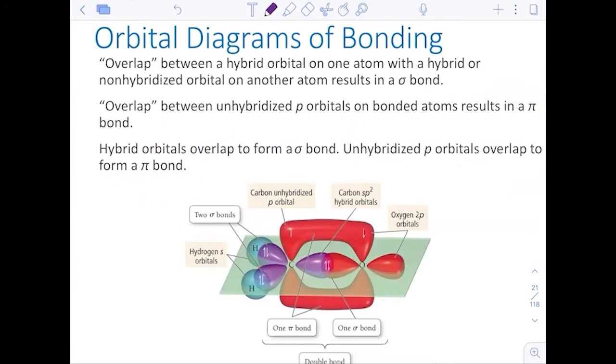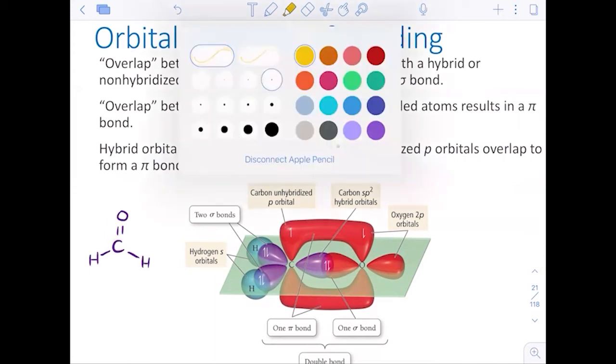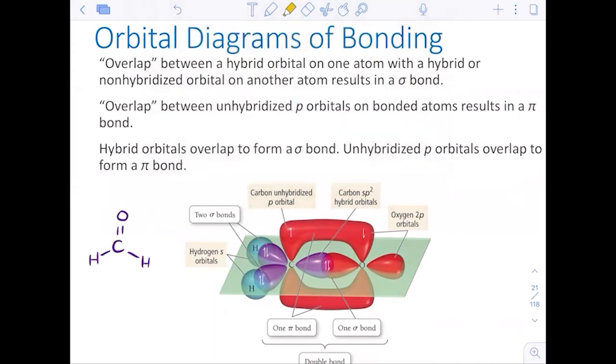Now here's this molecule that we just did the Lewis structure and 3D shape for. CH2O. One of those bonds is going to be a sigma. Choose one. Doesn't matter which one. One of them, though, is going to be the pi.